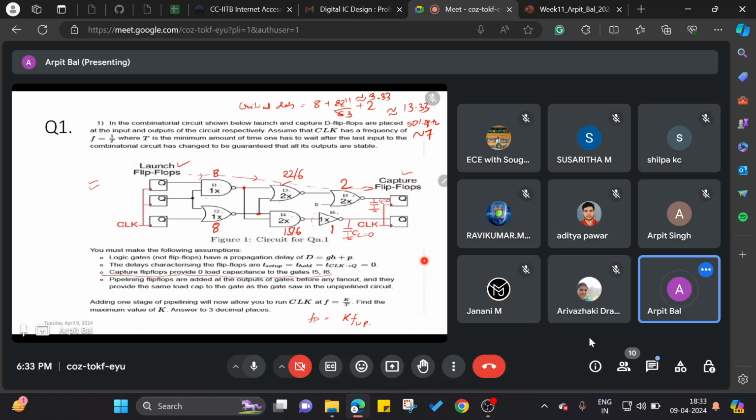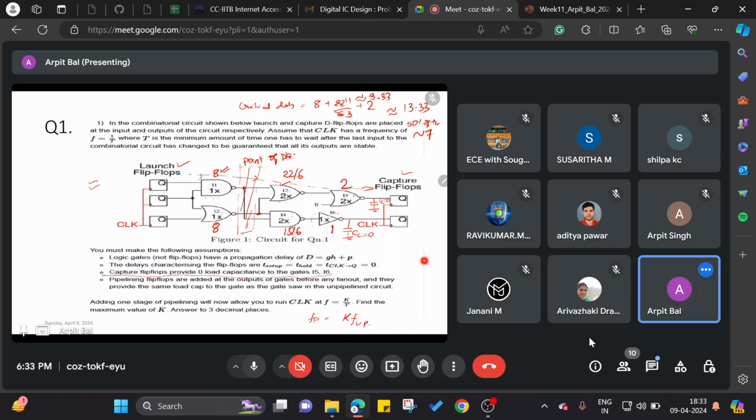So where do you find the point where the delay is close to 7? If I place it at this point, will it be fine? Because the delay is 8, that is close to 50%.